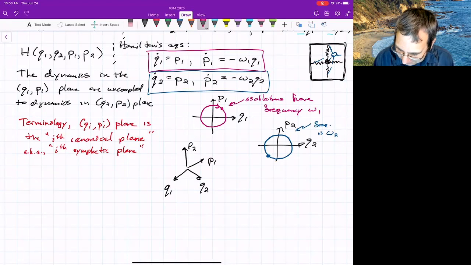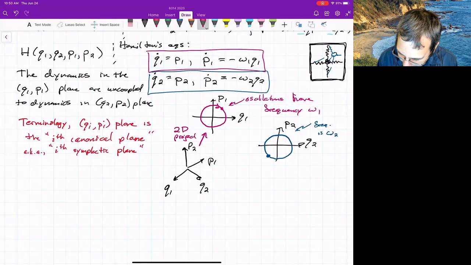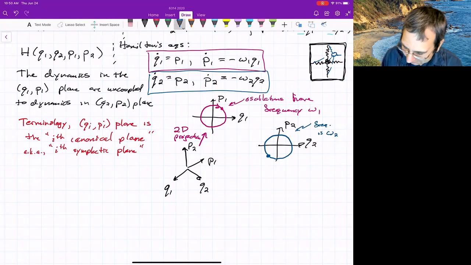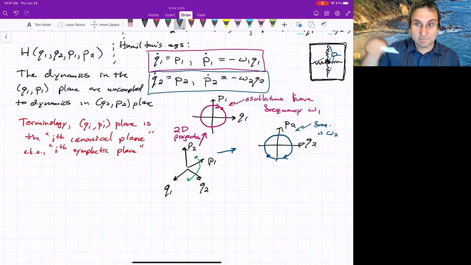And then think of it as we're just looking at, here is a 2D projection onto the Q1, P1 plane. And then we could look at the dynamics here, maybe I'll draw it in green or something, right? There's some trajectory. What is it doing? But if you project onto the canonical planes, it's all very well understood. It's just things are just moving on circles, unless you're at the origin and then there's no motion.